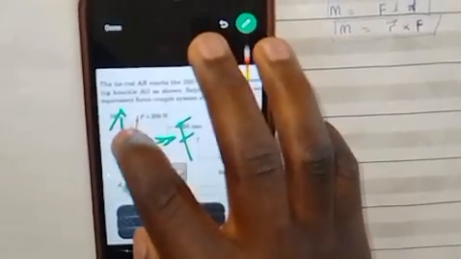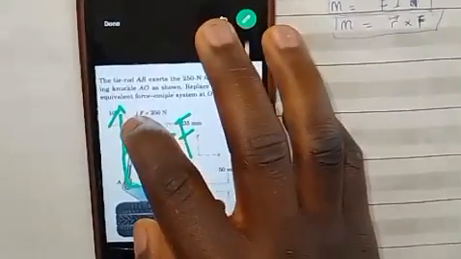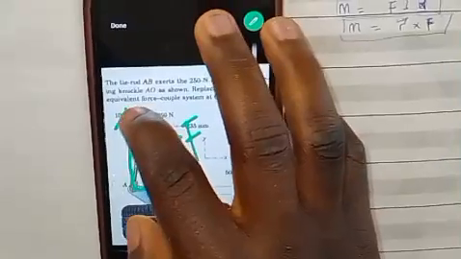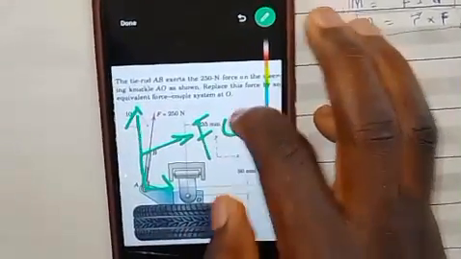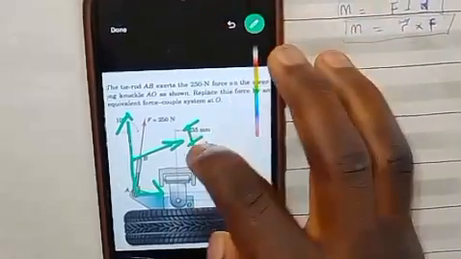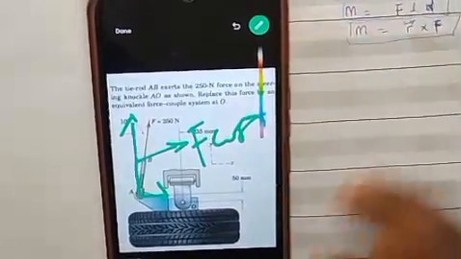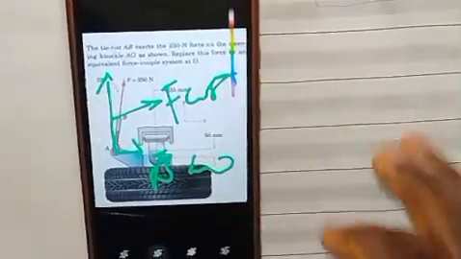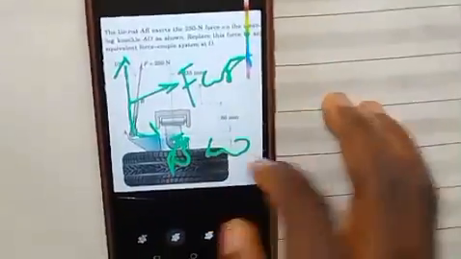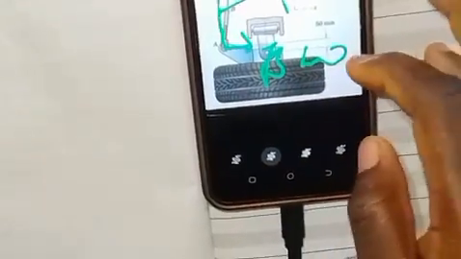If the angle is 10 degrees here, the x direction will be opposite and the y direction will be adjacent. So the y component will be f cosine of theta, while the x component will be f sine of theta. This one is going towards the positive side, this one is going towards the negative side.